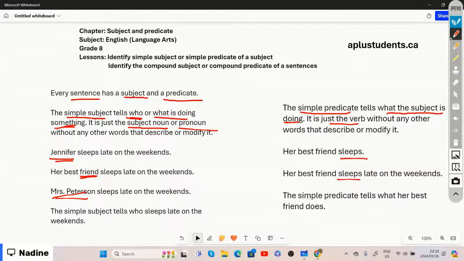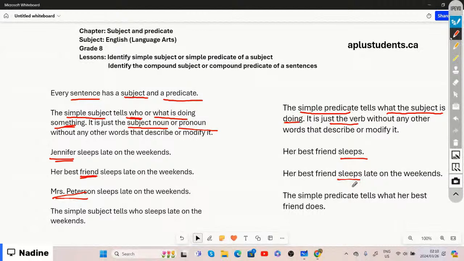The simple predicate tells us what the subject is doing, and it is just the verb without any other words that describe or modify it.